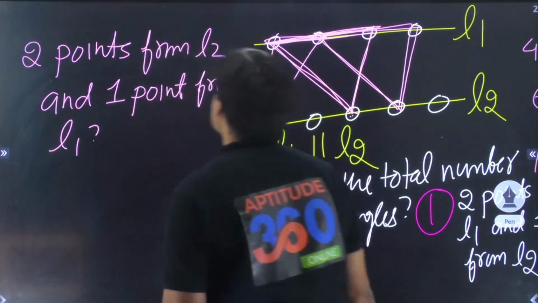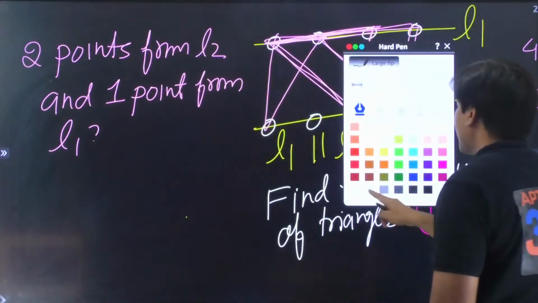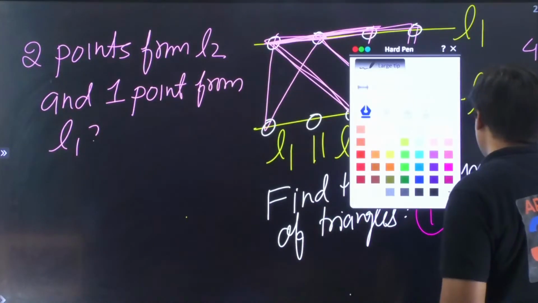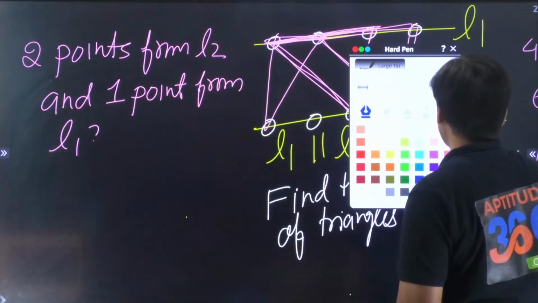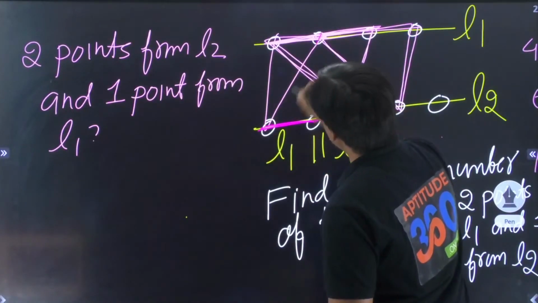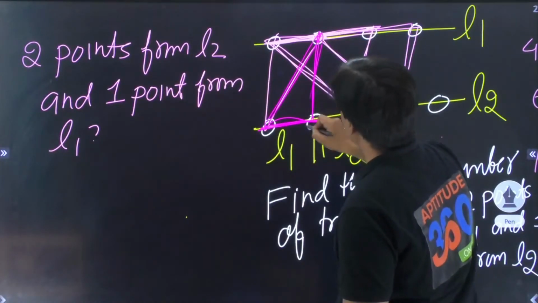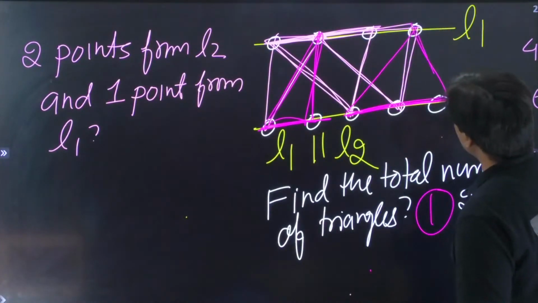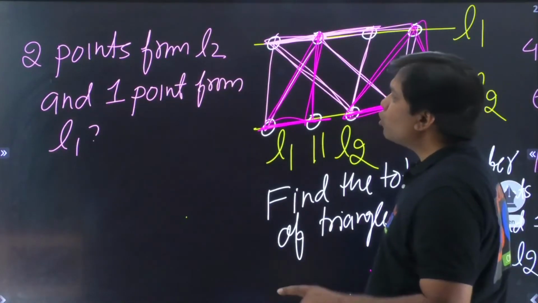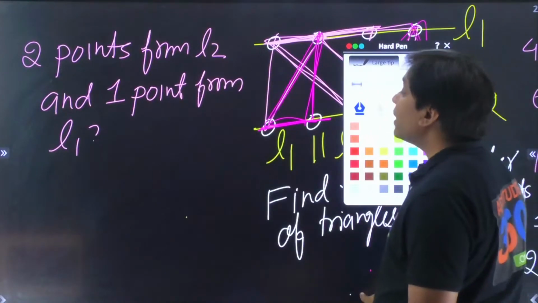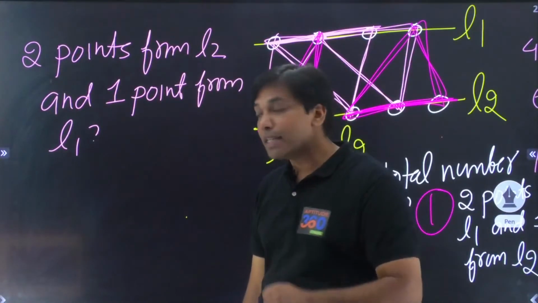Yes, we can have this. और अगर ऐसा हो गया तो क्या करेंगे? कहने का क्या मतलब हुआ कि मेरे को कौन से ट्रायंगल चाहिए यहाँ पे, समझो, मेरे को ट्रायंगल चाहिए ये वाले. अगर मैं 2 पॉइंट यहाँ से ले लूं और एक कोई यहाँ से ले लूं, ये भी तो ट्रायंगल बनेगा ना भाई. What if I take these 2 points and 1 point, this is also a triangle. So 2 points from L2 and 1 point from L1 will also be giving me the total number of triangles.